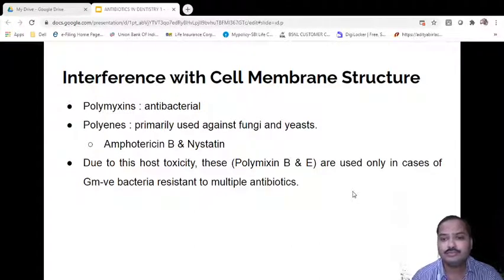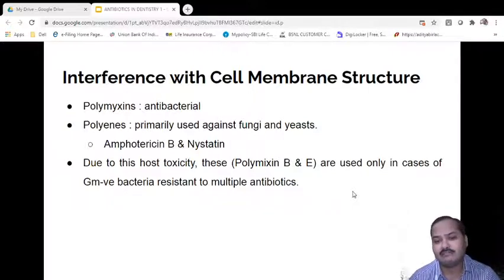So we can say that host toxicity is there with the polyenes, and polymyxins, which are polymyxin B and E, are used only in cases of gram-negative bacteria which are resistant to multiple antibiotics.